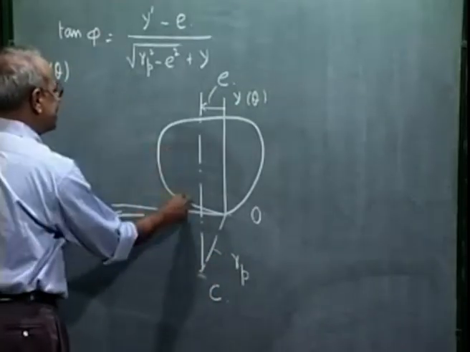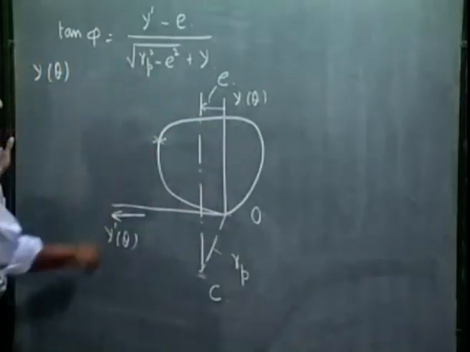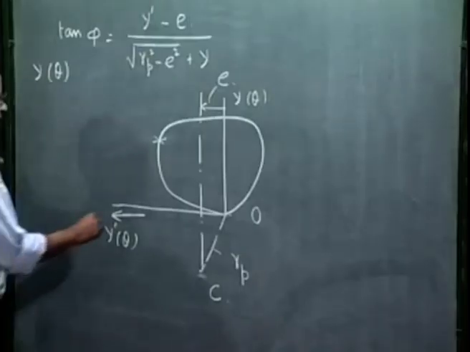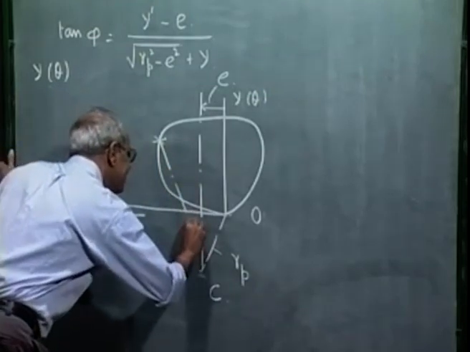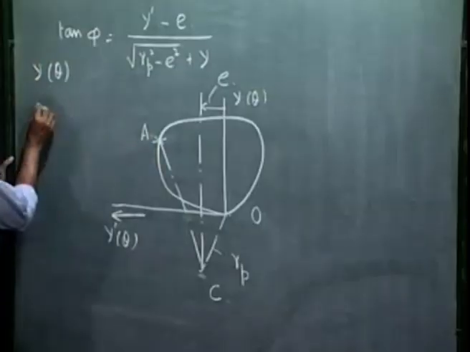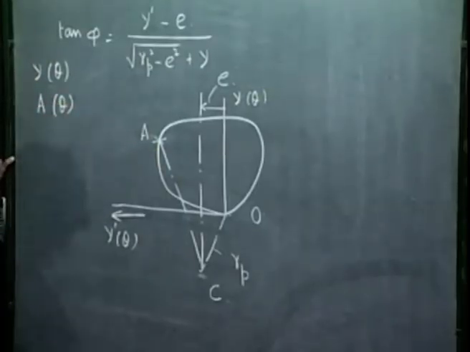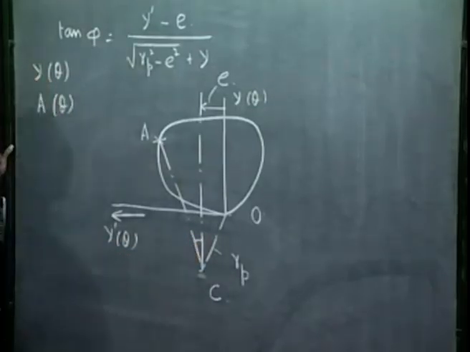Now we see if I take any point on this curve, any point means a particular point. This point corresponds to some value of theta. Now let us see that the angle that this line CA, A represents a particular value of theta, makes with the vertical is nothing but the pressure angle for that value of theta.